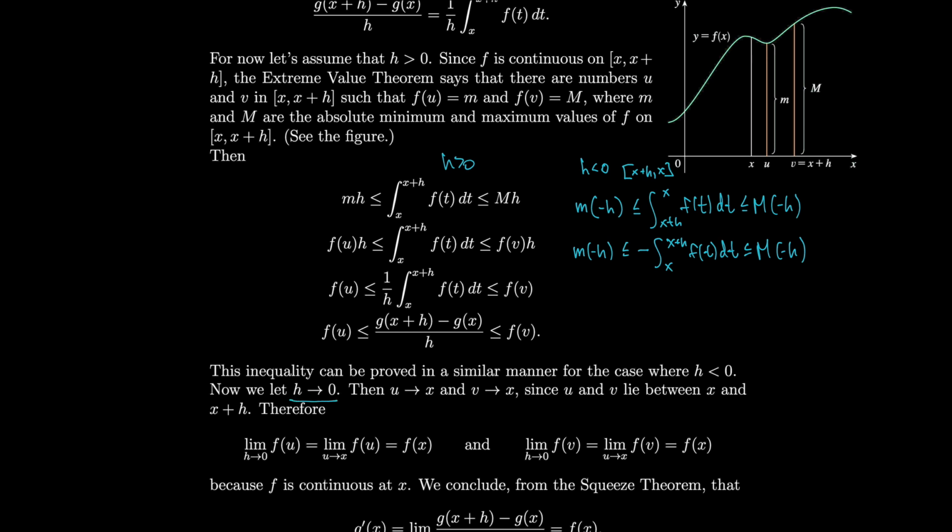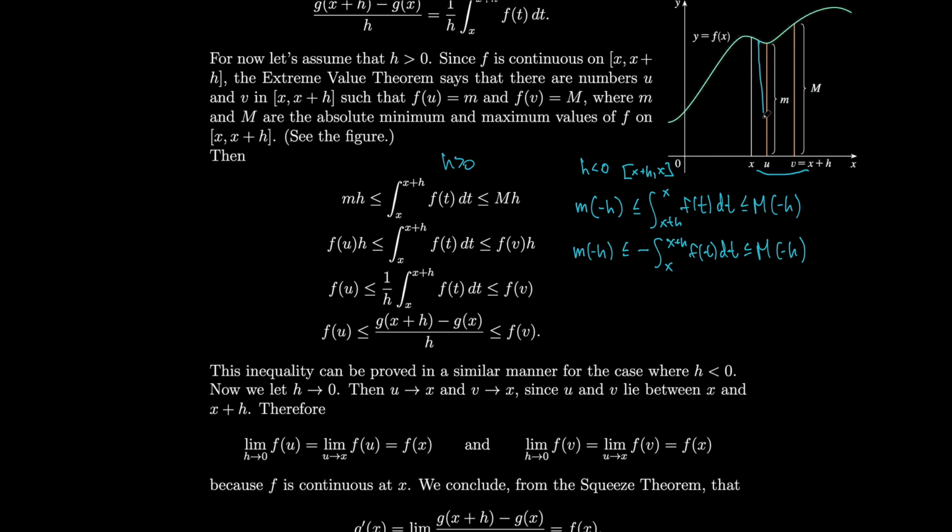In other words, let's take the limit now. If we take the limit as h goes to 0, then that means that u approaches x and v approaches x, the x values where the minimum and maximum occur. This should make sense because we're sending this h value to 0. That's moving the end of the interval closer to the beginning of the interval.